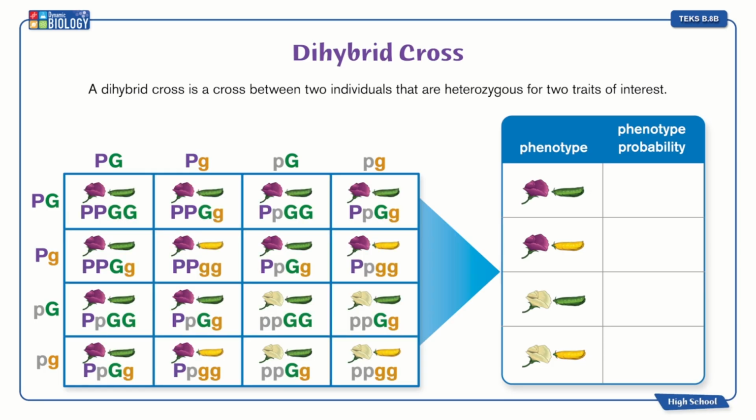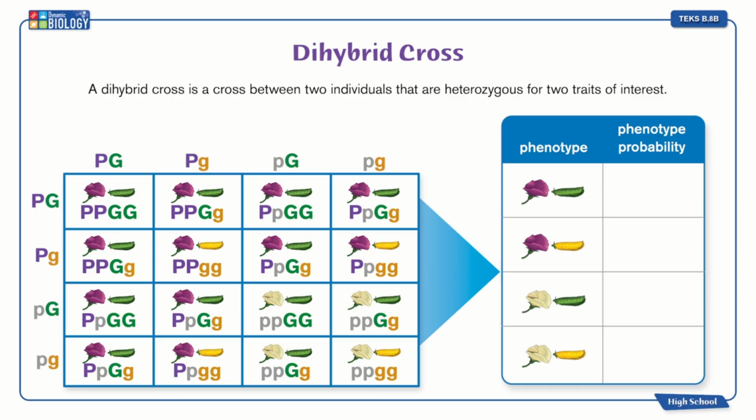What are the probabilities of each of these phenotypes? Remember that in a Punnett square, each box represents an allele combination, and each allele combination is equally likely to occur. In this Punnett square, there are 16 boxes or 16 allele combinations.